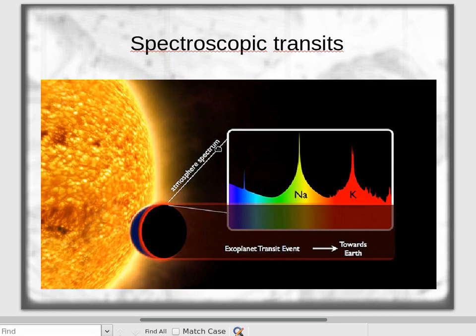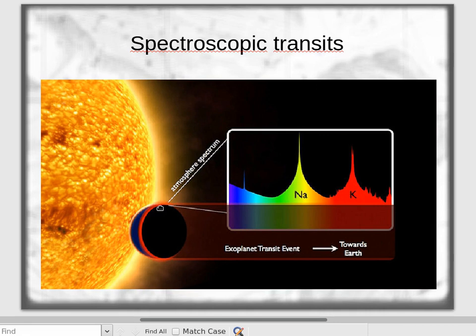And as promised, now we come back to the same slide. If we have an absorption line at a certain wavelength in the atmosphere of the planet, more light from the star will be absorbed, lost to us at that wavelength.